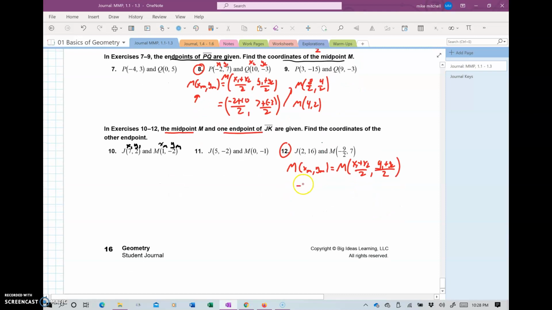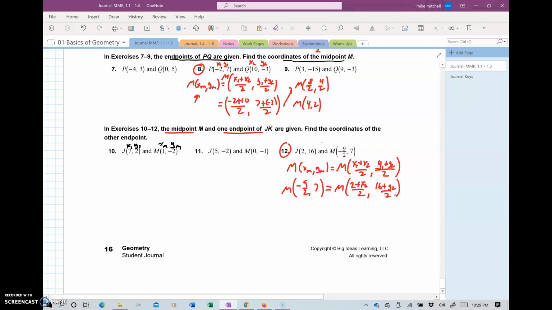So we're going to have negative 9 over 2 and 7, well, we don't know x2. That's our second point. So I got 2 plus x2 over 2, and I got 16 plus y2 over 2.